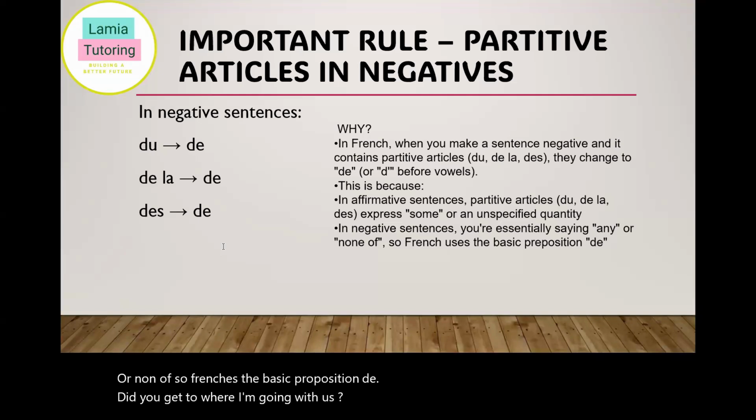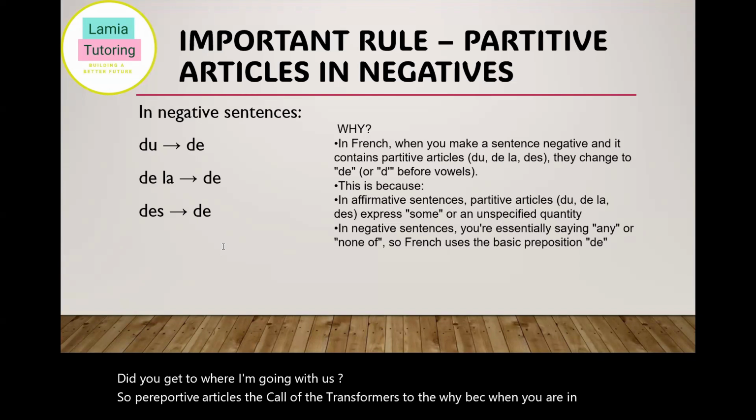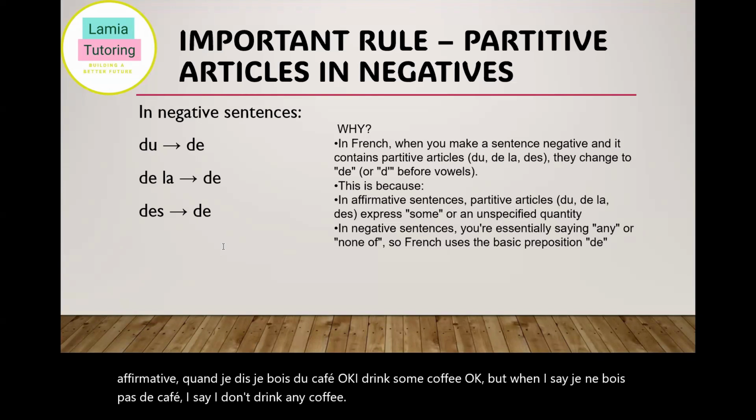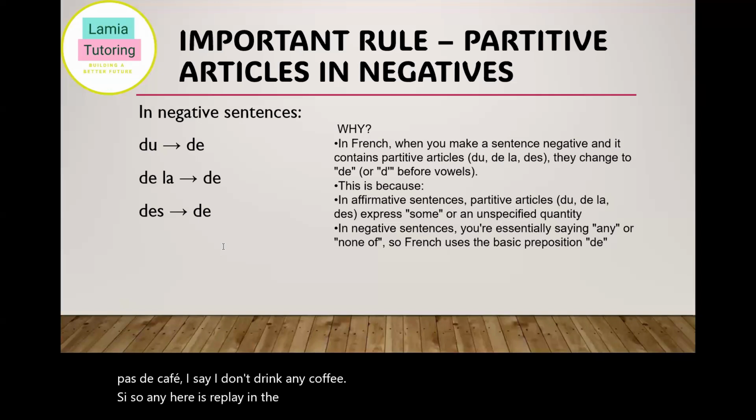So there are partitive articles. They're called partitive. They transform to de. Why? Because when you are in affirmative, quand je dis je bois du café, okay? I drink some coffee. But when I say je ne bois pas de café, I say I don't drink any coffee. See? So any here is replaced in the syntax and the meaning of French.